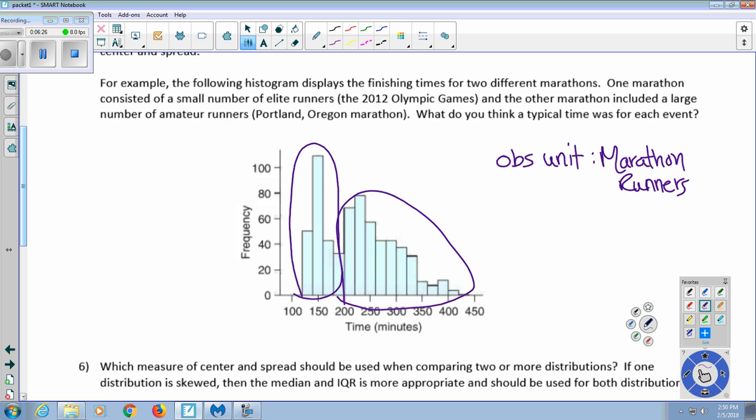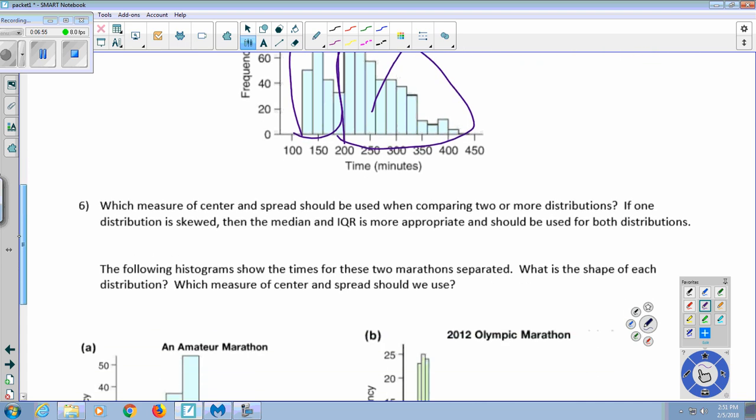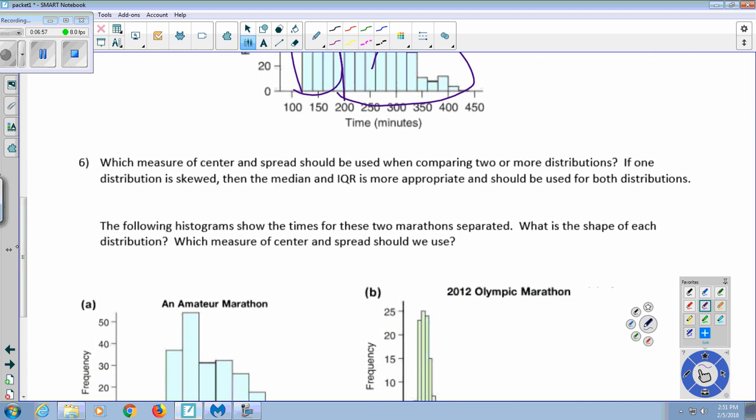So maybe a typical time for this first distribution could be 150 minutes, whereas the typical time of the second distribution might be more like 250 minutes. So if you look at it, it looks bimodal, and it's because there's two different types of data mixed in together. So which measure of spread and center should be used when comparing two or more distributions?